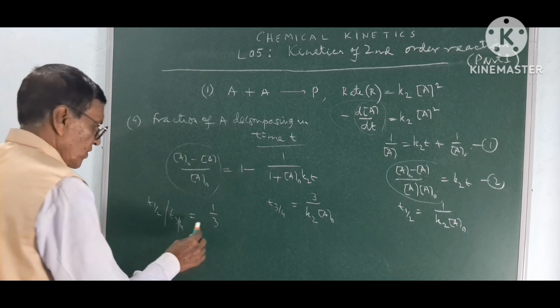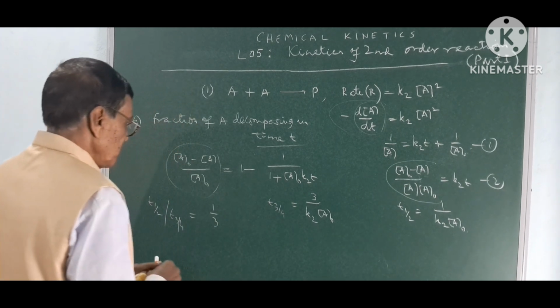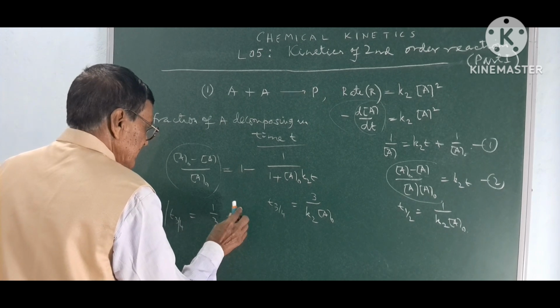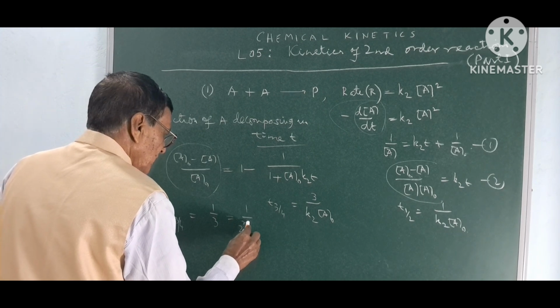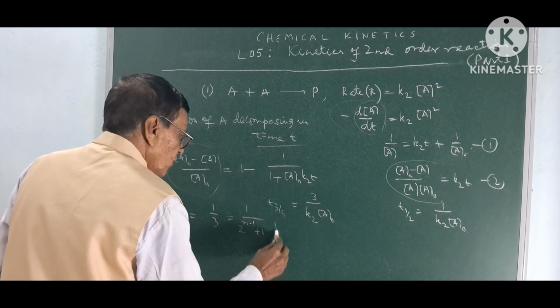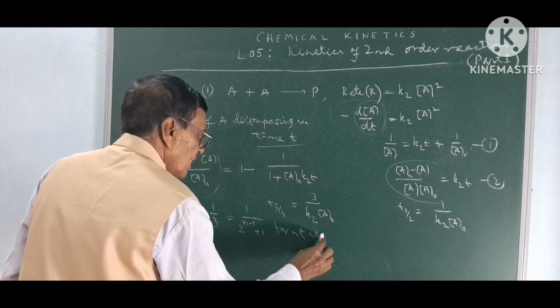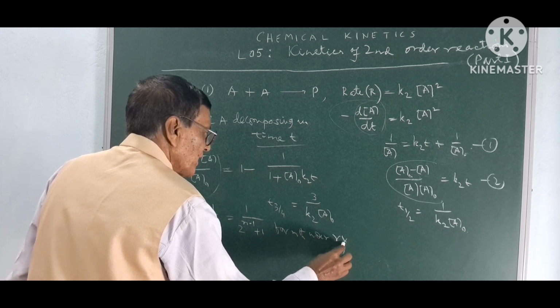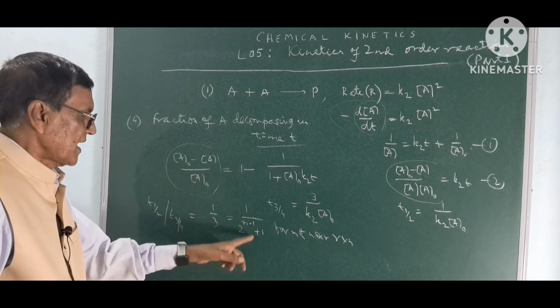Whenever we do the nth order reactions, we can find that this ratio could be written as 1/2 to the power n minus 1 plus 1 for nth order reaction. If you take first order reaction, then it is half.